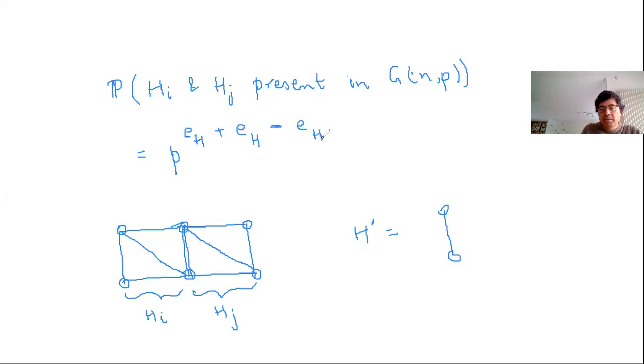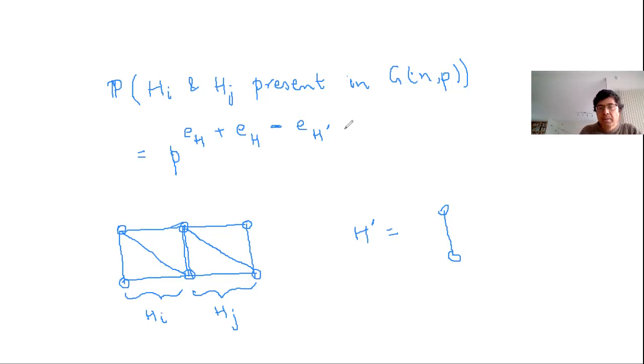Let's just check this for our example. H had 5 edges, so we needed 5 edges for Hi, 5 for Hj, and H prime had 1 edge in common, so in total we need 9 edges. If you look through this figure, hopefully you can convince yourselves: 1, 2, 3, 4, 5, 6, 7, 8, and the middle 9. So this has 9 edges, 5 plus 5 minus 1.